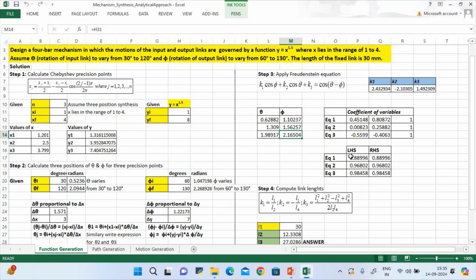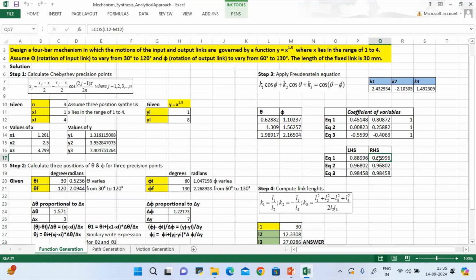Now let us make another table, right? In this table, let us prepare again three rows, equation 1, 2, 3 and two columns. One will represent the values on the left hand side of this expression. So this is k1 cos phi plus k2 cos theta plus k3, and one will represent the values on the right hand side of this expression.